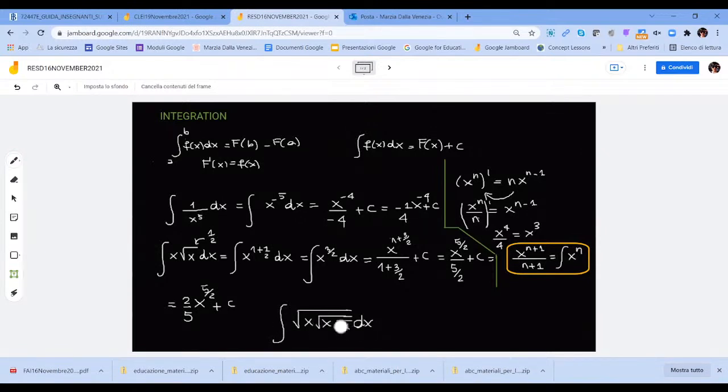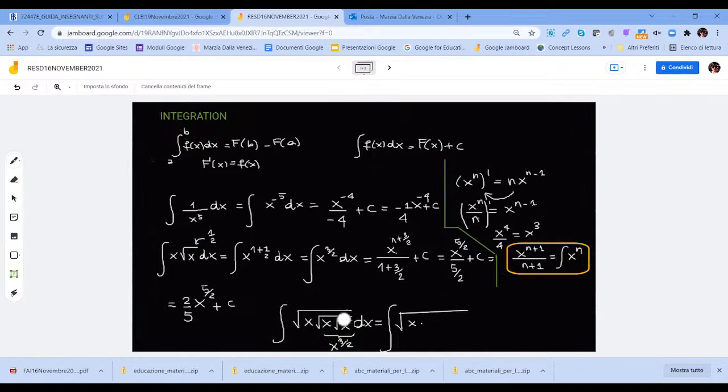What is this? It is the big one, x times, what is there? There is the same as in the previous integral, x times square root of x. This is x to 3/2, okay?